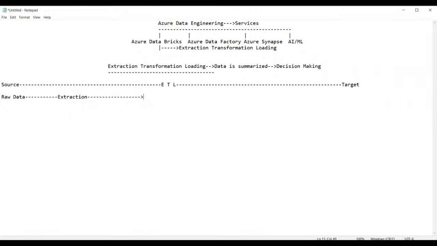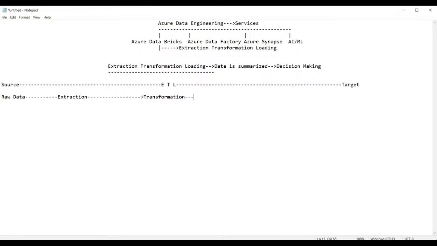After this process of extraction is done, the process of transformation is implemented. Transformation is the actual process where the data is converted into the format required by the customer.